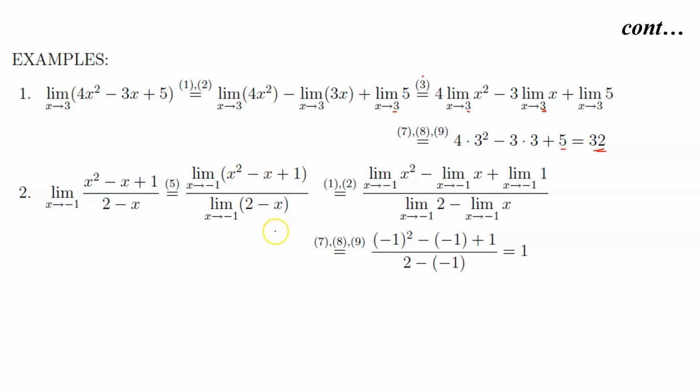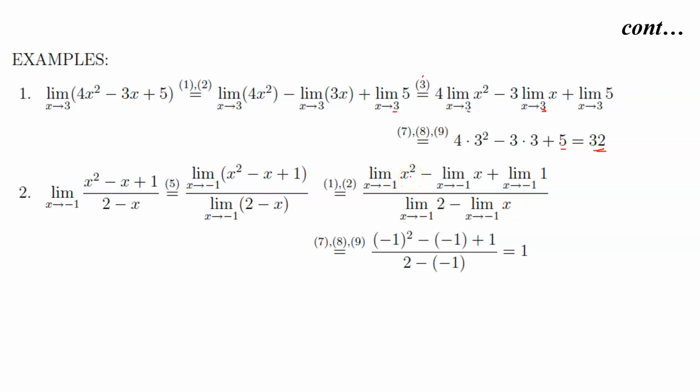So, bila you dah pecahkan dua ni, satu dekat atas, satu dekat bawah, then you can pecah pula yang this one. Limit x square, then you minus limit x plus limit 1. Same goes to the denominator dekat bawah ni. You pecahkan juga. So, it becomes limit 2 minus limit x. Then you can solve for each of these.